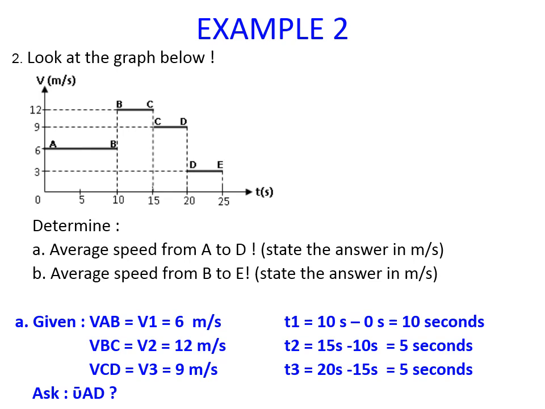Asked: average speed from A to D. Average speed equals S total per T total. To get S total, we have to find S1, S2, and S3. S1 equals V1 times T1 equals 6 meters per second times 10 seconds equals 60 meters.